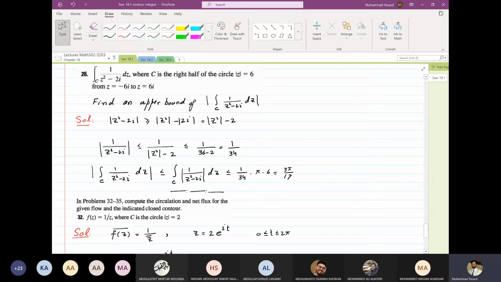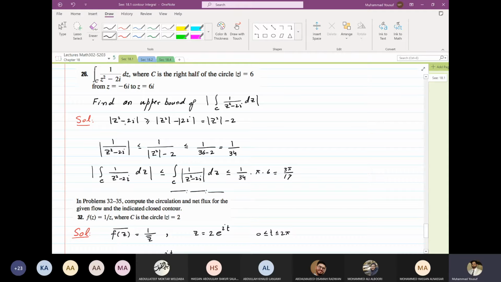Now again here we are using the same idea. I said this is important: absolute of z square minus 2i is greater than absolute of z square minus absolute of 2i. Before it was plus 1 here, so absolute of negative 1, here it is minus, and then absolute of 2i.